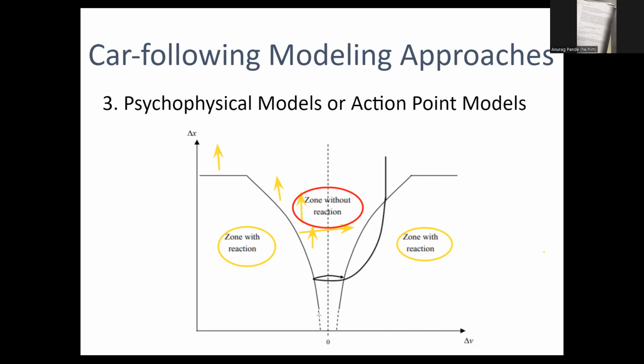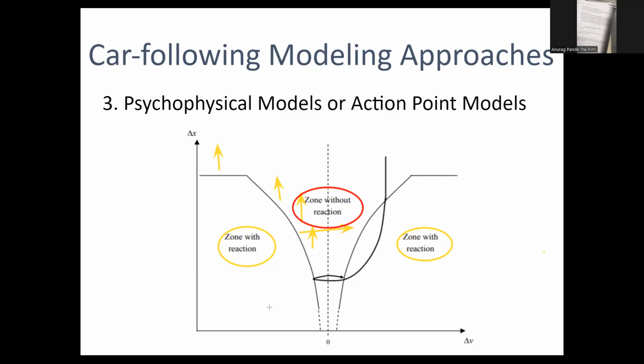If you're in the zone without reaction, then your acceleration decisions as a follower are not impacted by what the leader is doing. But if you are in the zone with reaction, then your actions are in fact dictated by what the leader is doing. And for each of these zones, there are different ways you pick the acceleration or deceleration.